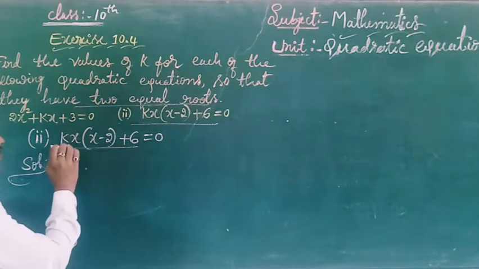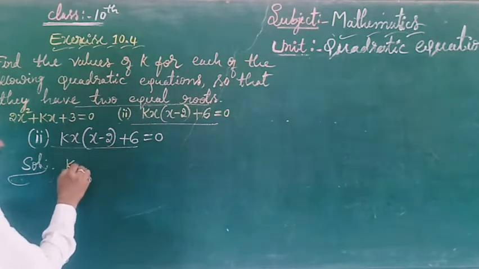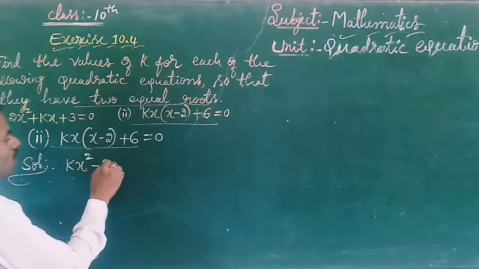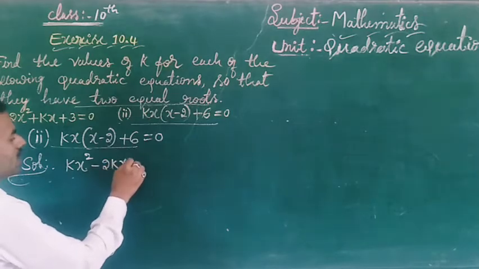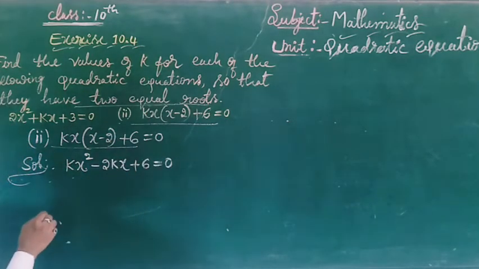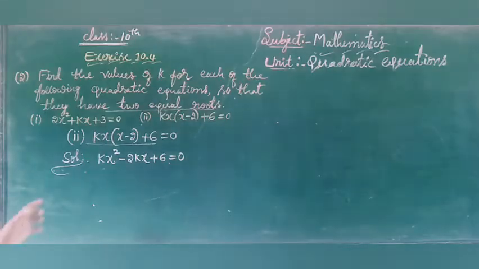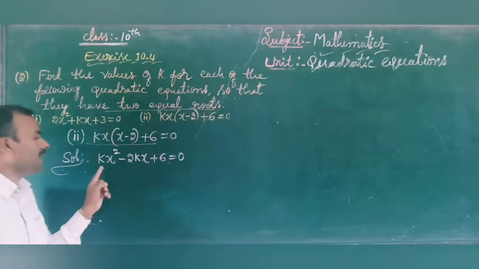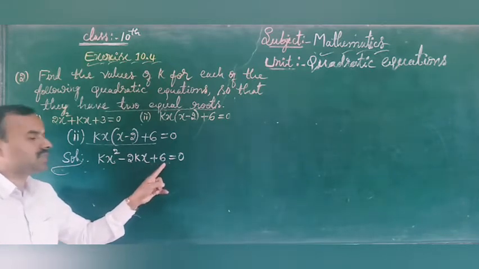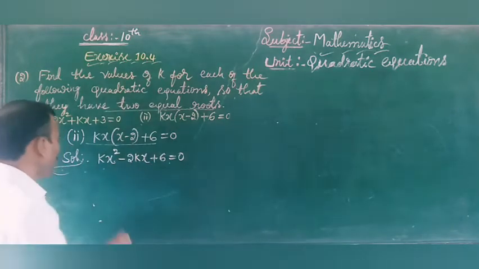Multiply these two: kx into x is kx squared, and kx into minus 2 is minus 2kx, plus 6 equals 0.